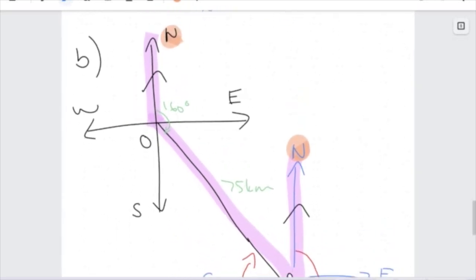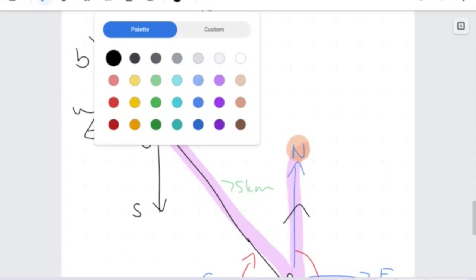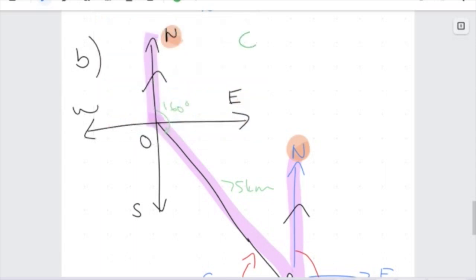So now we have this thing here. Now we want to find the angle relationship. So here I make this C shape. So I'm looking for co-interior angles. And these add up to 180 degrees.